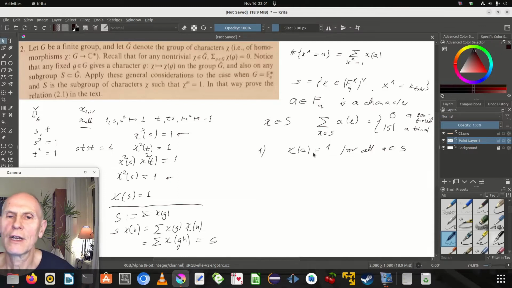I want to go back to having a solution in... so maybe we should let A go through all of the multiplicative, all of FQ. Now, I think we should try first to let A be fixed.